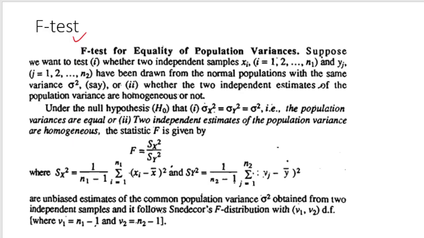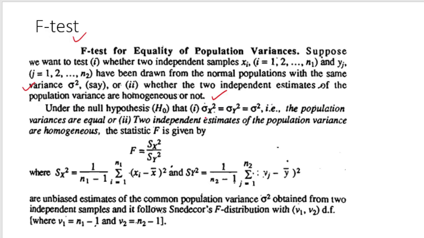So just read it, what is written here. Suppose we want to test whether the two independent samples x1, x2, ... xn1 and y1, y2, ... yn2 have been drawn from the normal population with the same variance, say sigma square, or whether the two independent estimates of the population variance are homogeneous or not.